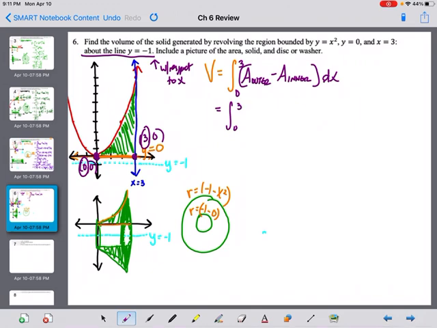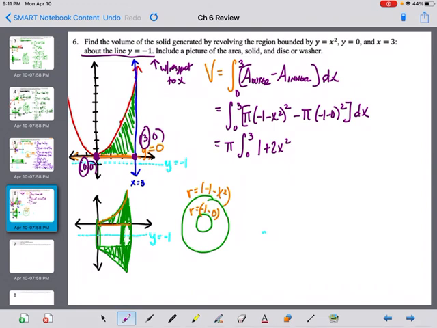All right, so plugging in our pi r squared, area of the outer is going to be pi times (-1 minus x squared) squared, minus the area of the inner, which is going to be pi times (-1 minus 0) squared, dx. All right, so pull out the pi, and then we're going to need to FOIL that (-1 minus x squared) squared. So when we FOIL that, -1 times -1 is 1. -1 times -x squared is positive x squared, times 2 of them would be 2x squared.